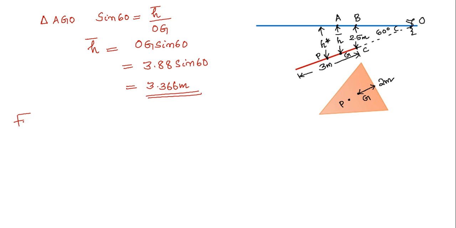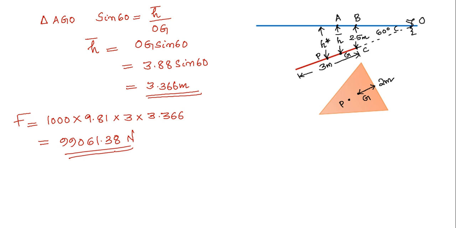Now we will substitute in our expression F is equal to 1000 into 9.81 into 3 into 3.366 and we will get it as 99061.38 Newton.